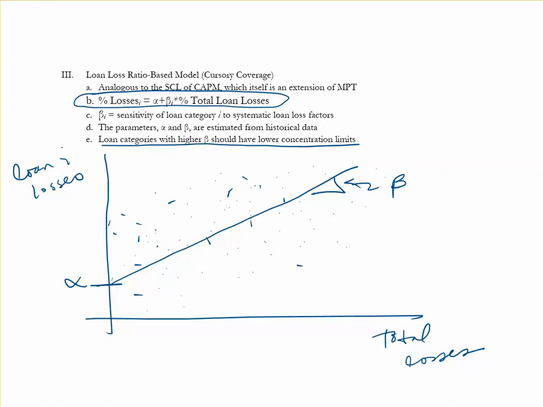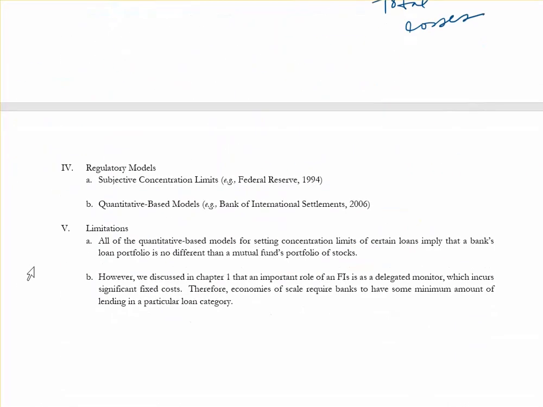The bank management would say, we're not going to lend above X% of our total loan portfolio to that kind of borrower. Whereas if another borrower is more insensitive to the performance of all loans, then it's safer to lend more to that borrower or that type of borrower.